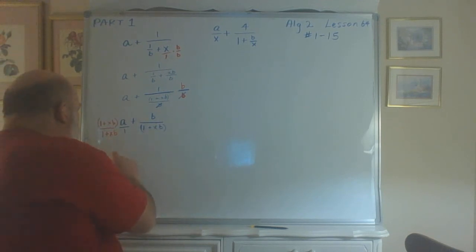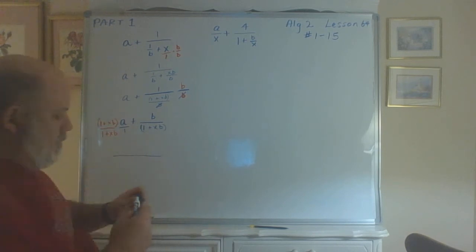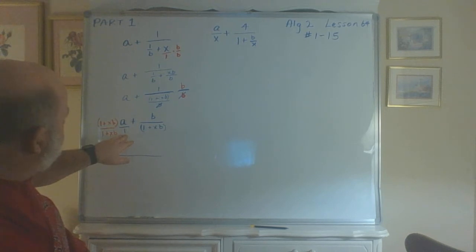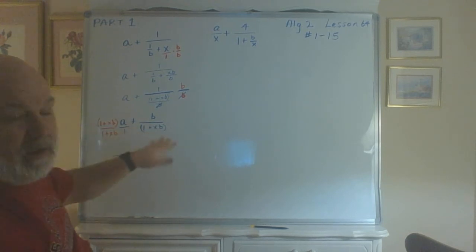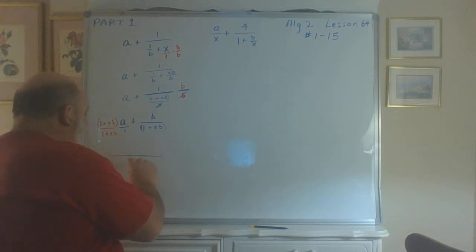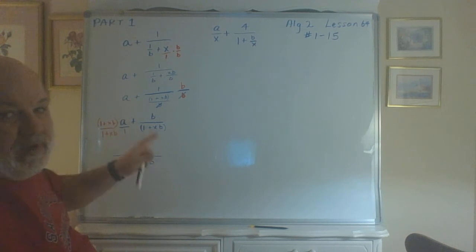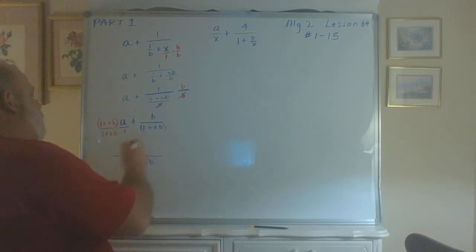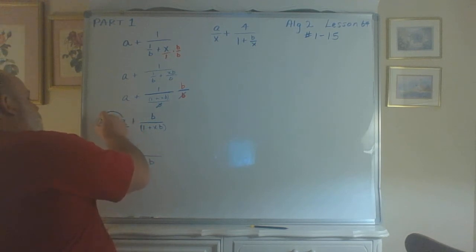Right now, I'm at the last step, or at least the next to last step. I've got a common denominator right now of 1 plus xb. We just have to clean up the numerator. So distributive property says that this a gets multiplied by 1.